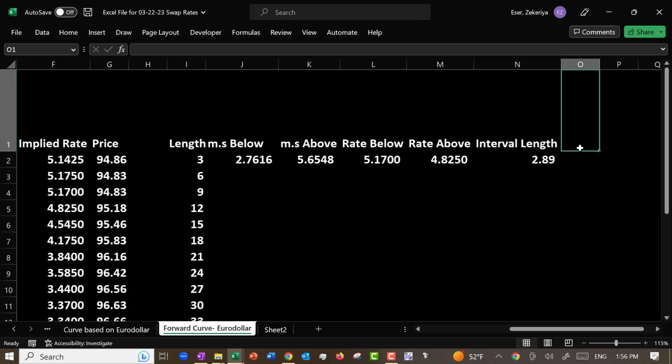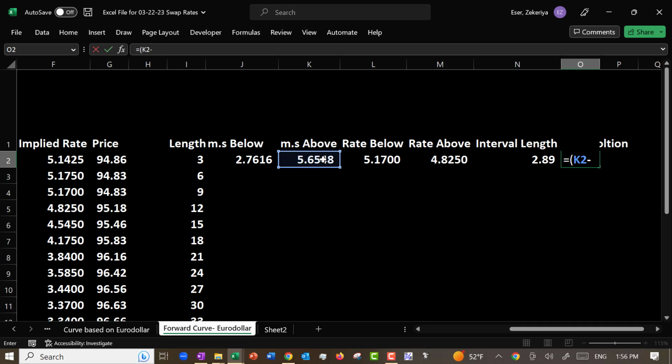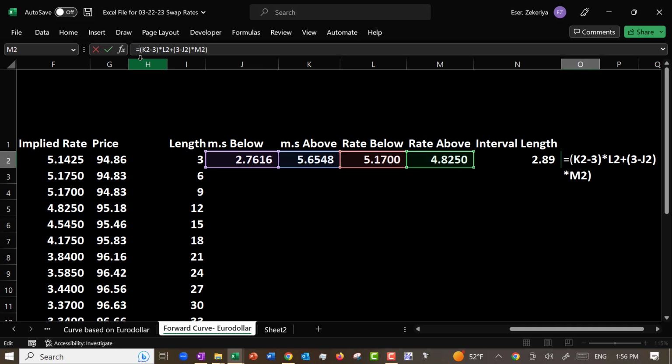And interpolation: take the months above minus 3 times rate below, and 3 minus months below times rate above, and divide the whole thing by the interval length.